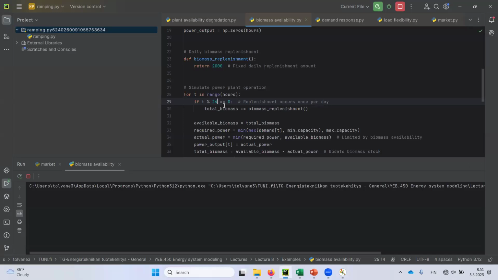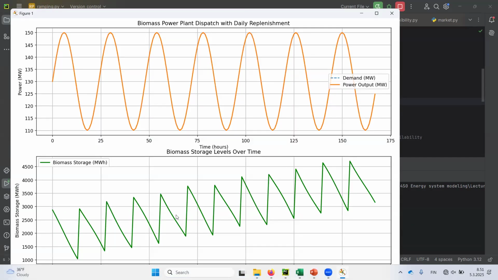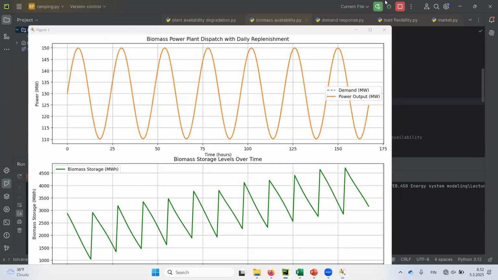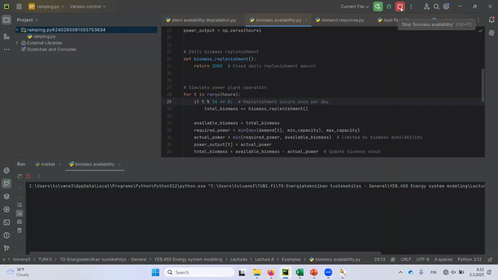So what you would have to do is you would have to, for example, decrease, let's bring in the fuel every 14 hours, and let's see what happens. Yeah, so now our demand is met and our storage is going to be overflowed. So a simple model, but it just shows you how to take this into account. So you can have a certain time delay in between the replenishment cycle.